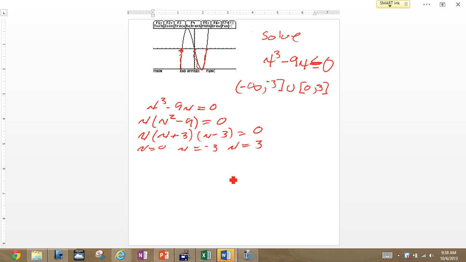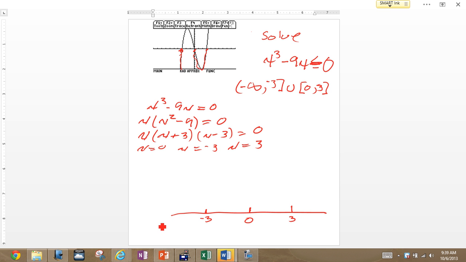Now, to find the remaining portion of when it is less than 0, we're going to construct a sign table, which actually starts by drawing a number line. On that number line, we're going to identify the intercepts that are negative 3, 0, and positive 3.